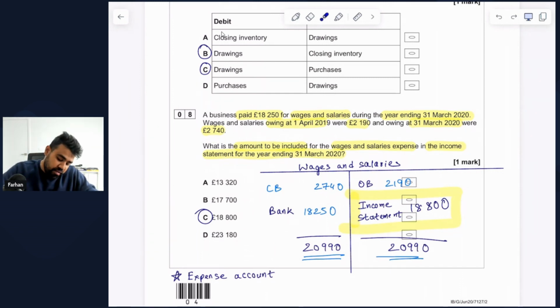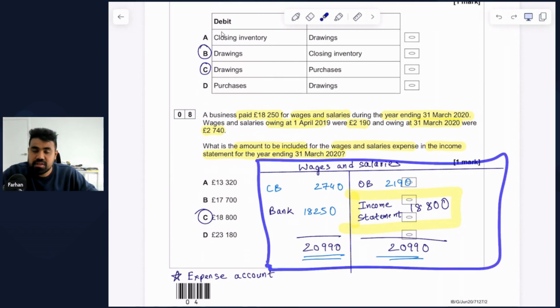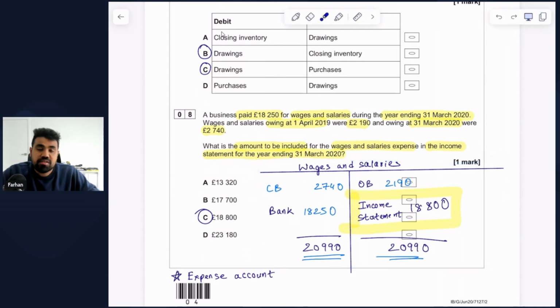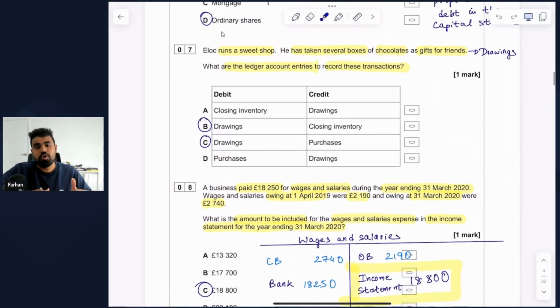Here we have a ledger account or a T account that we have created for wages and salaries. We need to understand one thing first. We know that all opening balances of assets are always shown on the debit side, and all opening balances of liabilities are always shown on the credit side, which means if the opening balance of assets is shown on the debit side of a ledger account, then the closing balance of assets needs to be shown on the credit side.